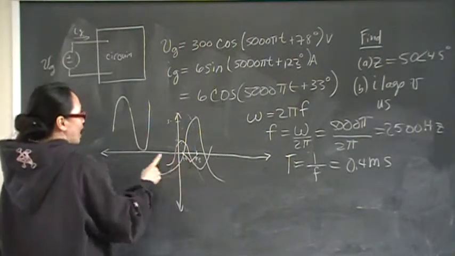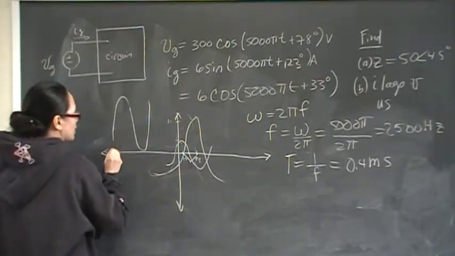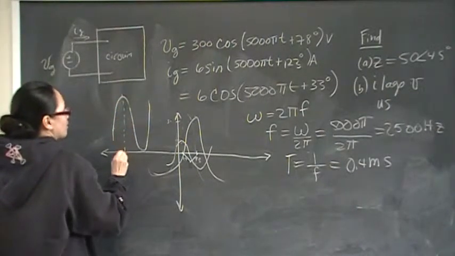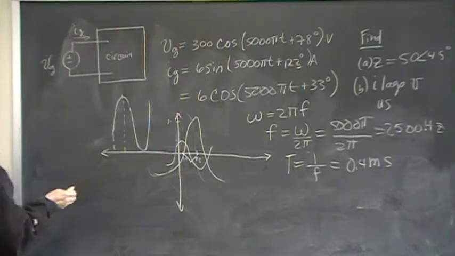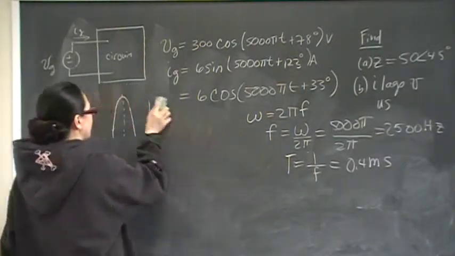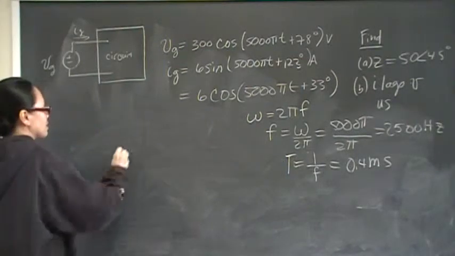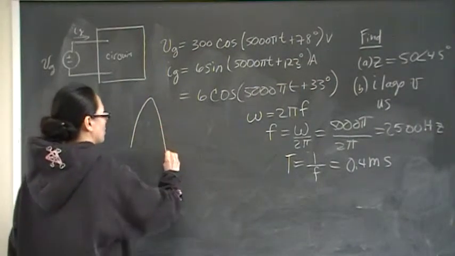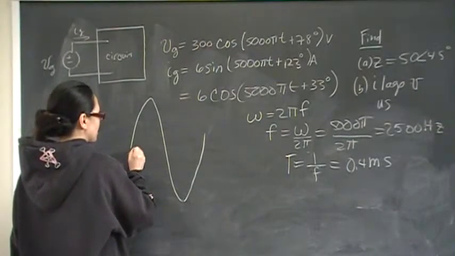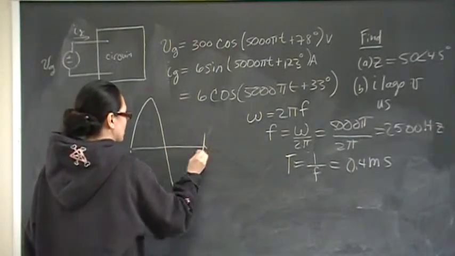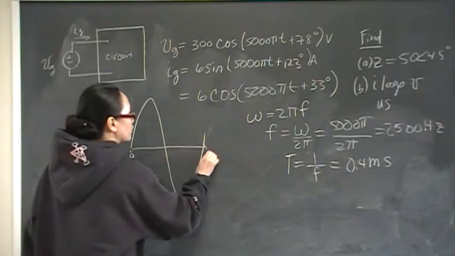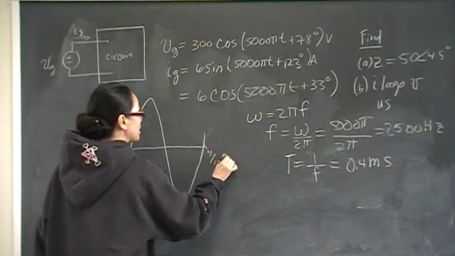But we're looking for the time of 45 degrees. One period, which is when it starts to repeat itself, we just figured out is 4/10 of a millisecond.